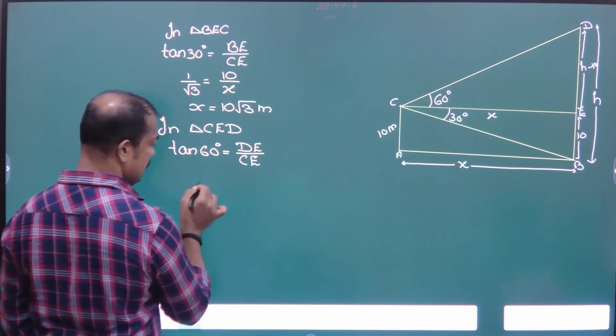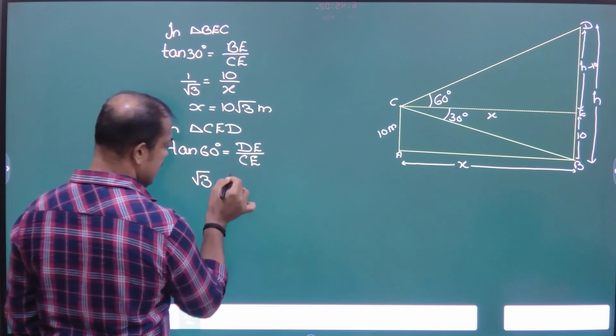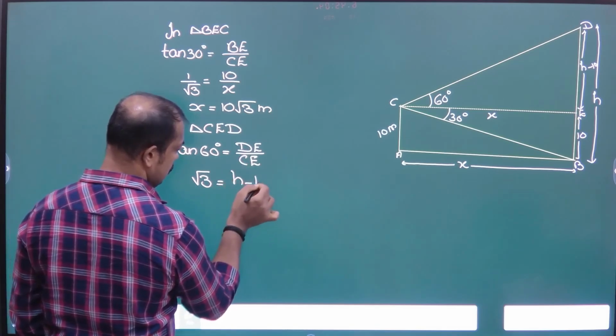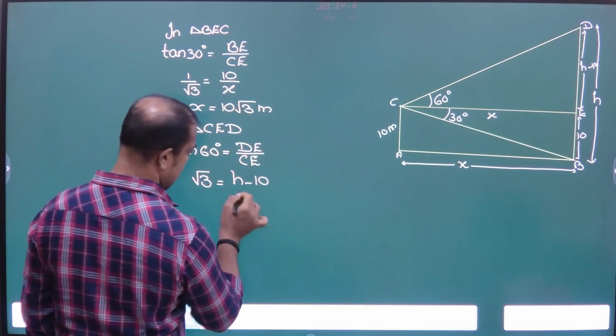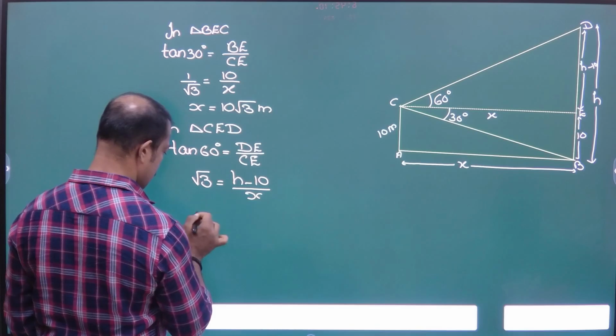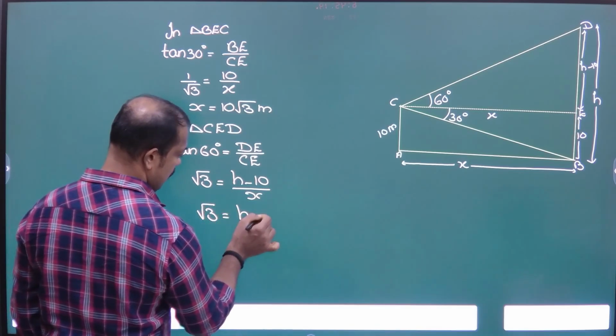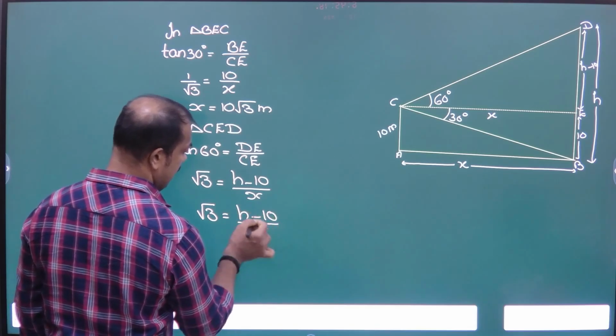What is tan 60? Root 3. What is DE? H minus 10. What is CE? X. So root 3 is equal to H minus 10 divided by X. What is X?